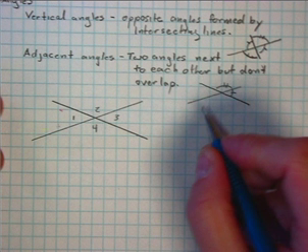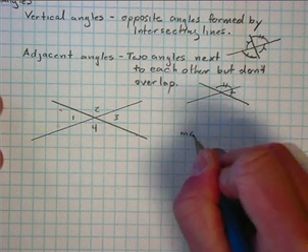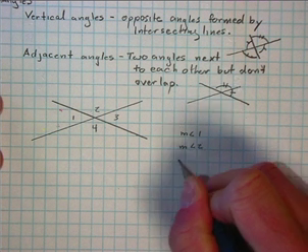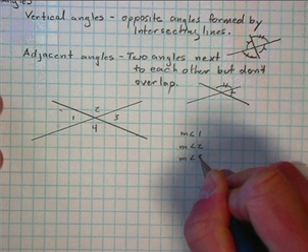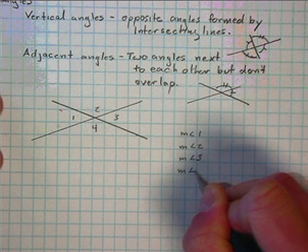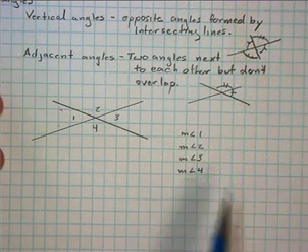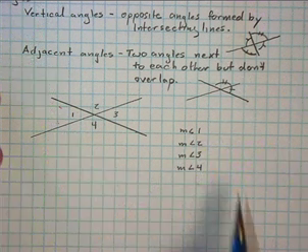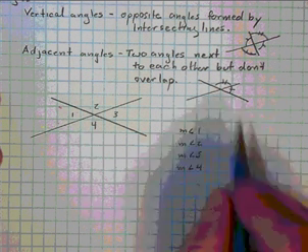And what we're going to do is find the measure of angle 1, angle 2, angle 3, and angle 4. Now when we have the measure of the angle, we're looking for the actual number of degrees that angle is.